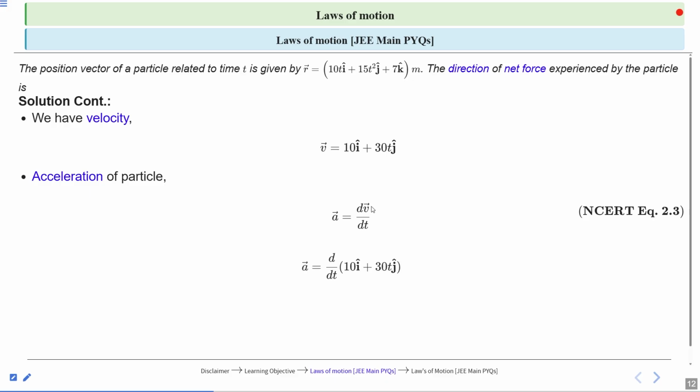Here just put the value of velocity, that is 10 i cap plus 30t j cap. When we differentiate the velocity with respect to time, here 10 i cap is the constant term, and the differentiation of 30t j cap is 30 j cap. So this is the acceleration of the particle. Clear?